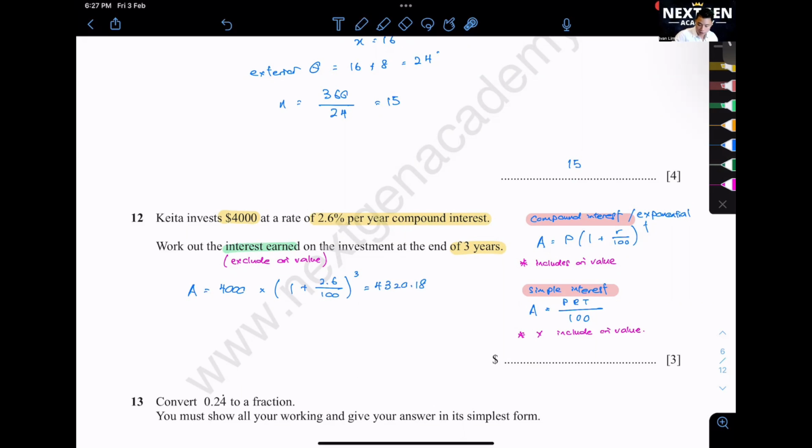That means this amount is what Kita has in total after 3 years, inclusive of the original value. So what you need to do with this? Because we only want interest earned, we have to minus off the original amount. So minus 4,000, which will leave us with 320.18. Don't leave it at 4320. You will get it wrong.